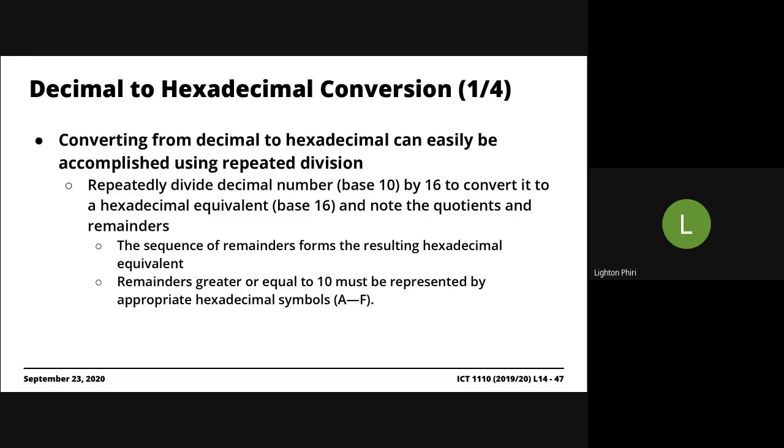The specific process you follow here is you construct the equivalent hexadecimal number by taking into account the remainders as you repeatedly divide the decimal number by 16. Don't worry, this will make sense very soon.